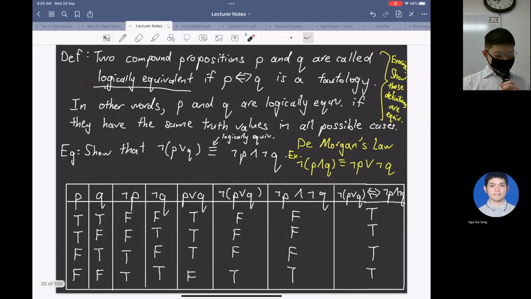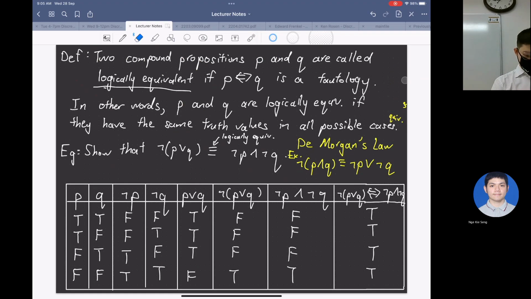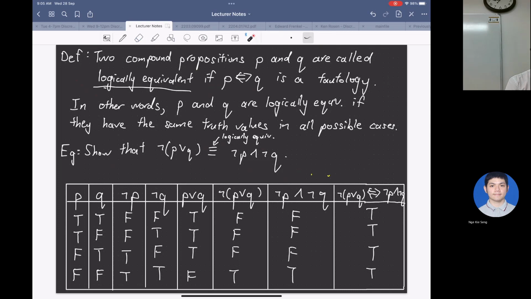So this week we will go into logical equivalence. What's logical equivalence? When we talk about logically equivalent, we refer to two compound propositions.